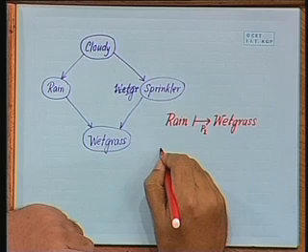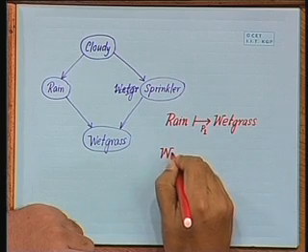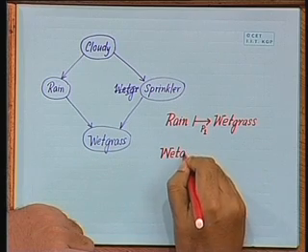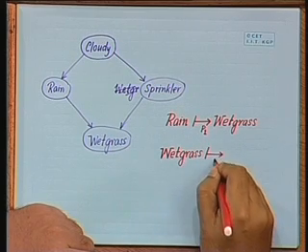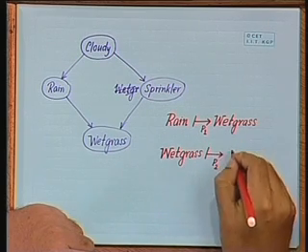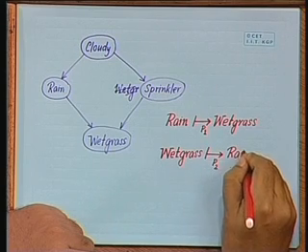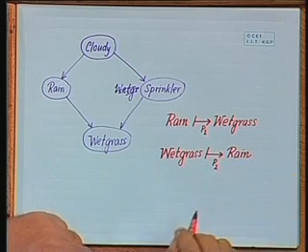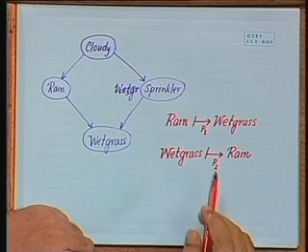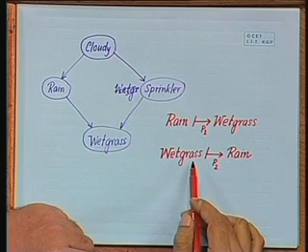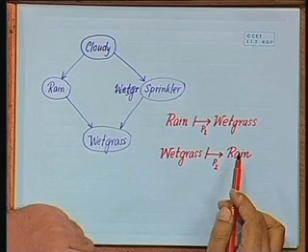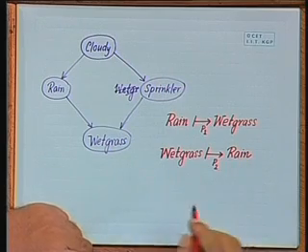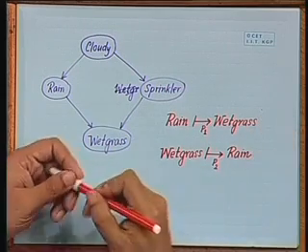We can also have a rule from wet grass to rain, which says that if we find wet grass, then most probably it had rained. Now, if you have both of these rules in the knowledge base, then we have a problem.